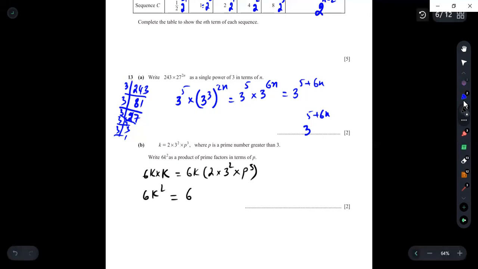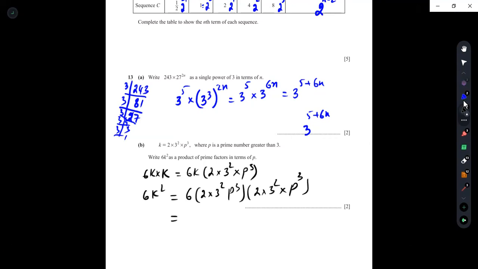So we can replace k by this k here, and again we have it. So when we multiply, we bring the same bases together, 2 times 2, which can be written as 2 raised to the power 2. 2 times 2 is 2 raised to the power 2 times 3 squared times 3 squared.